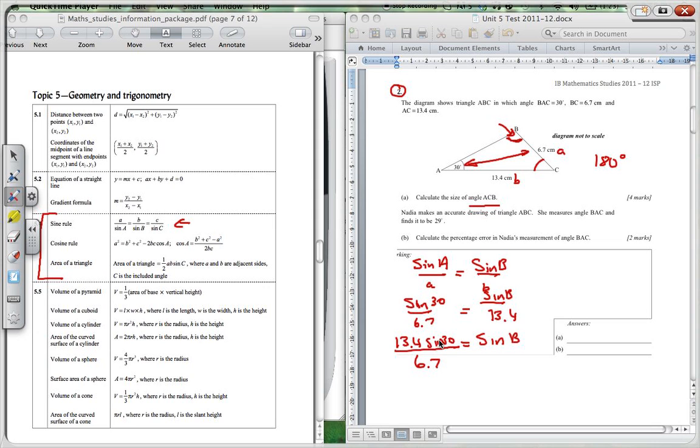So you work it out on your calculators. Make sure, remember, that you have got your angle in degrees and not in radians. You need to just always check that.